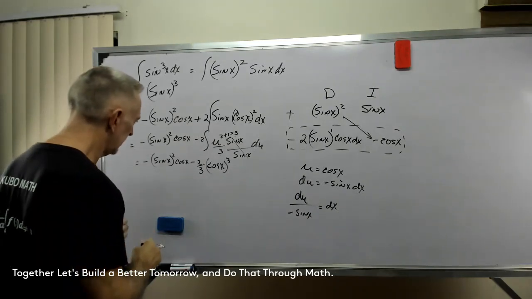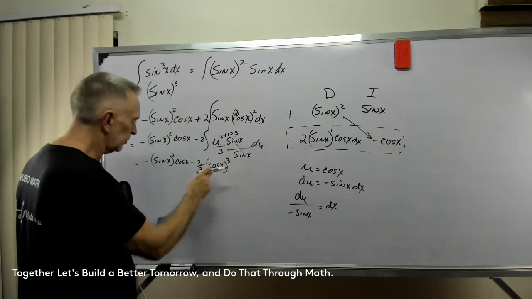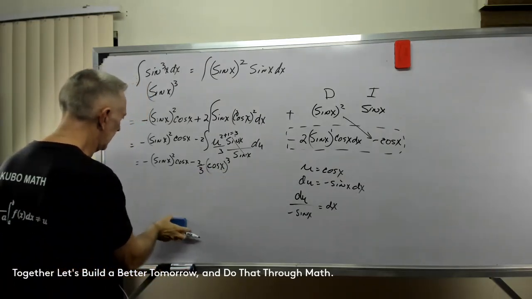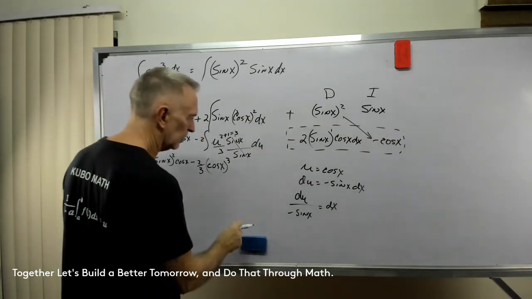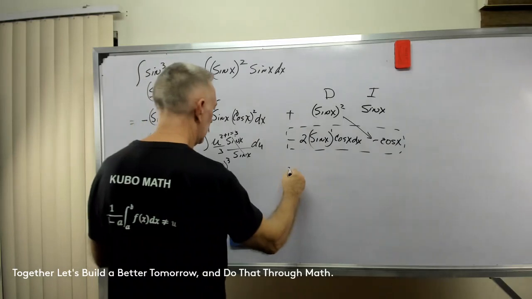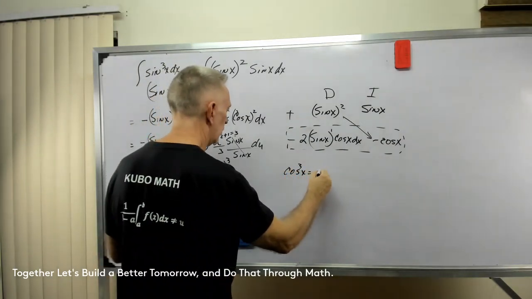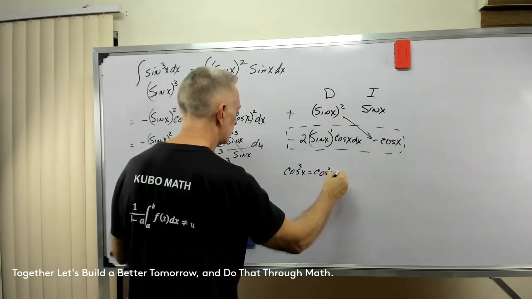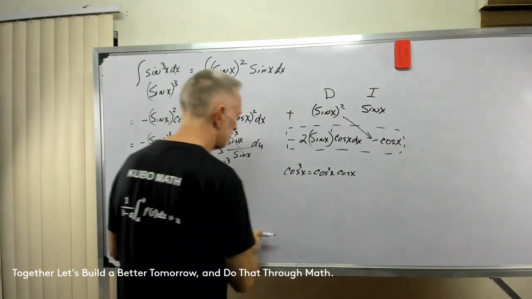All right, well, can I reduce this and do something with this cosine x cubed just to factor down a little bit? Well, yes, I could. Cosine cubed x is cosine squared x times cosine x, right?